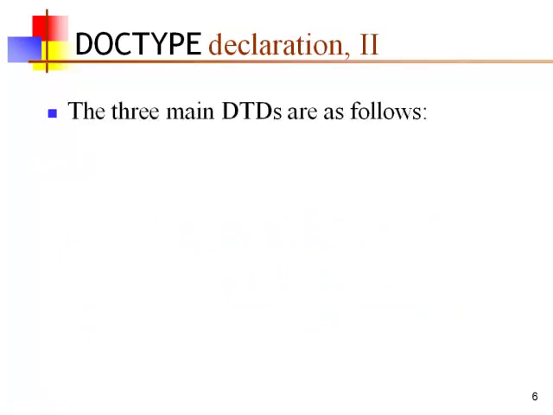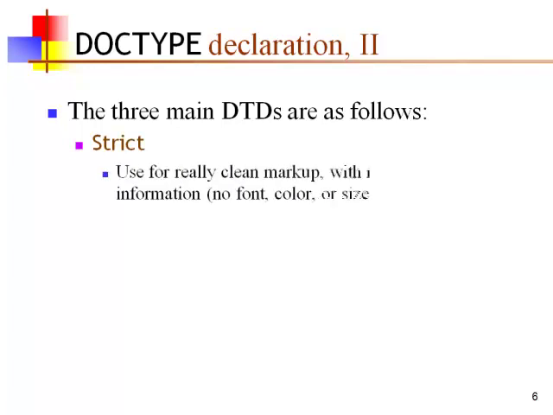And the three main DTDs are as follows. That is strict, that's what I told you. It's used for really clean markup with no display information, meaning no font, color or size information.